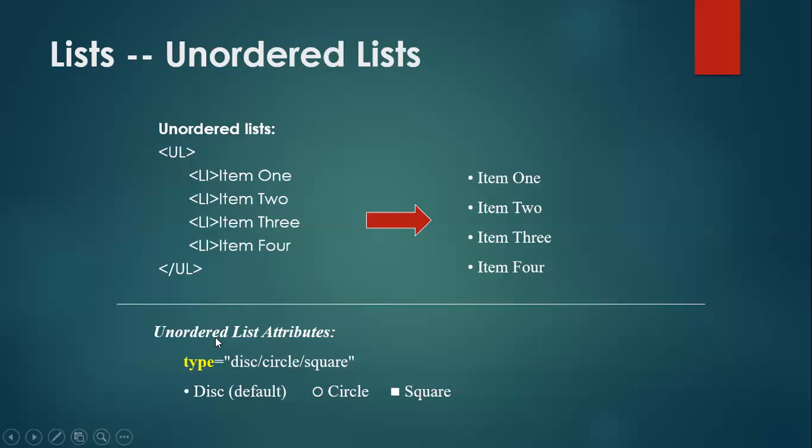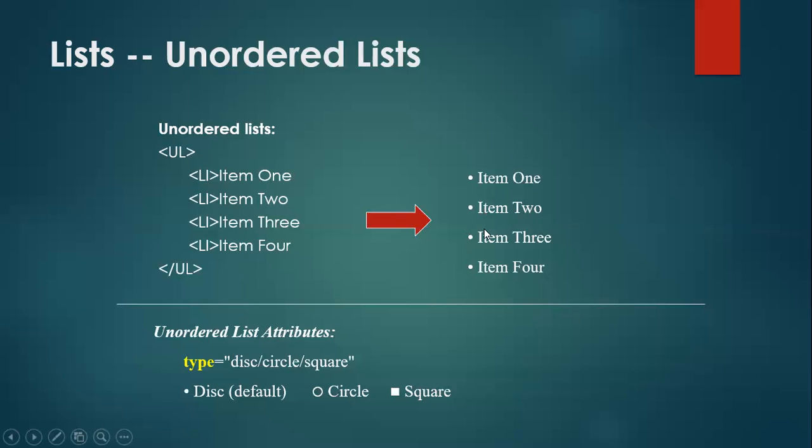Clear? We also have unordered list attributes, and the most important attribute is type. Although we skipped it in this code and haven't given any type for the unordered list, when we need to specify what type of list we want to create, by default it is disk, as you can see.